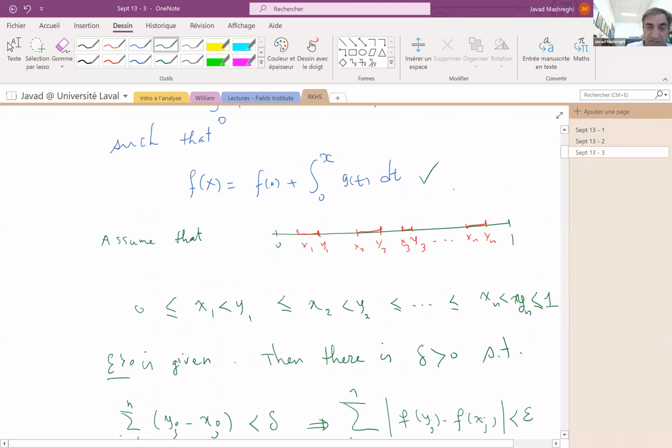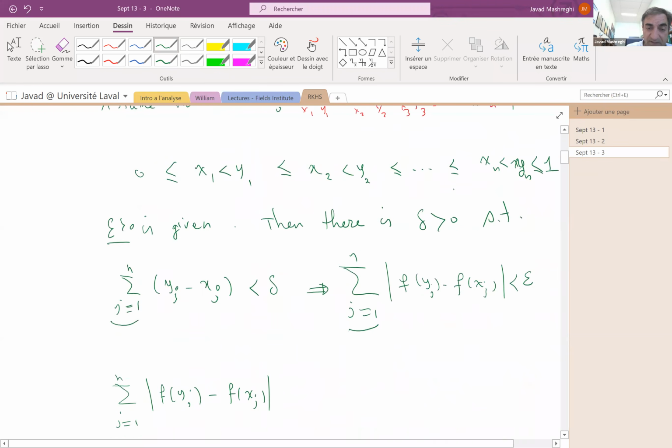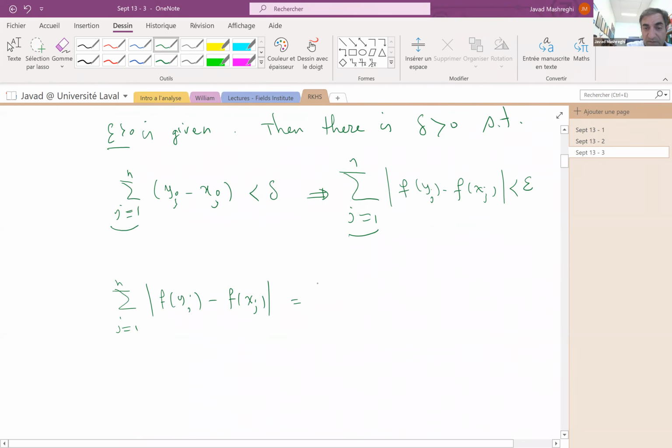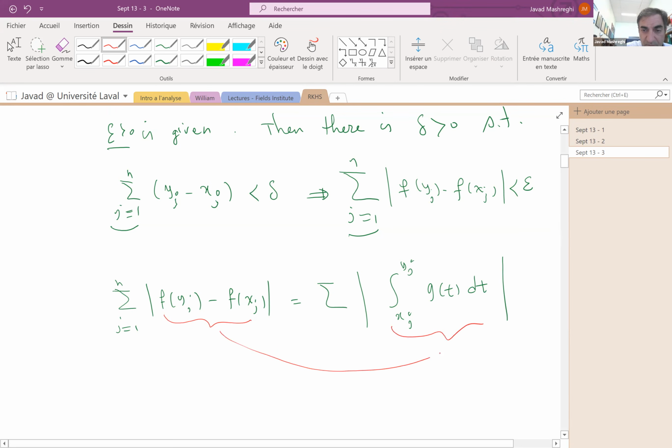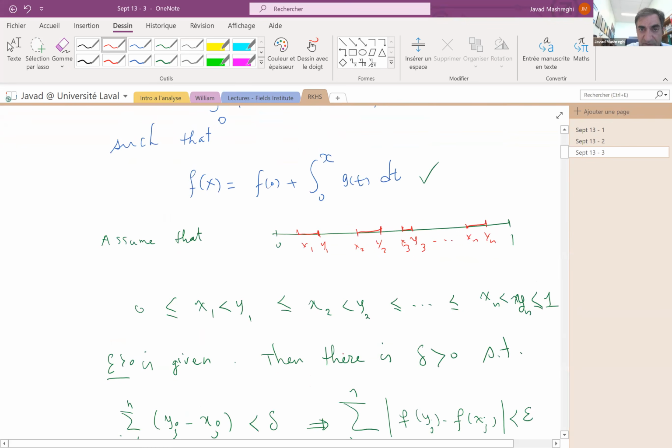If you put yj and xj instead of x, you see this is the sum of the absolute value of the integral from xj up to yj of g(t) dt. This is precisely equal to this. These are equal for each j, thanks to this identity.